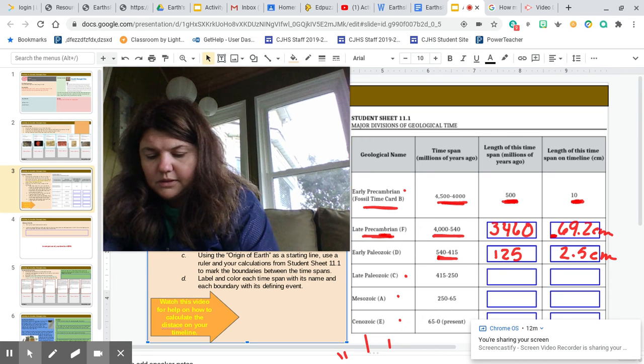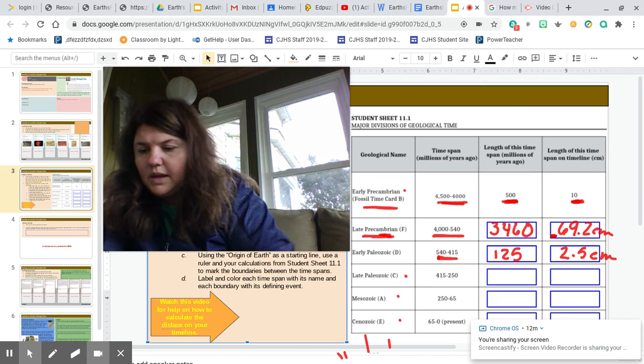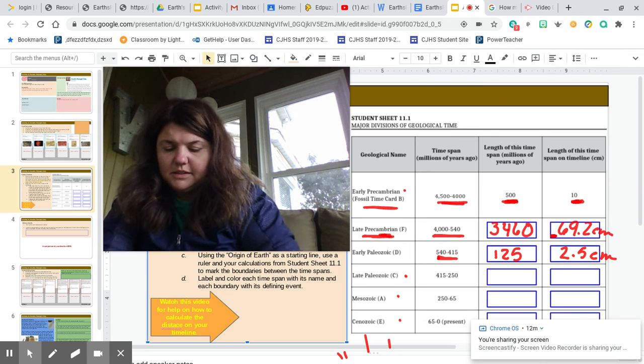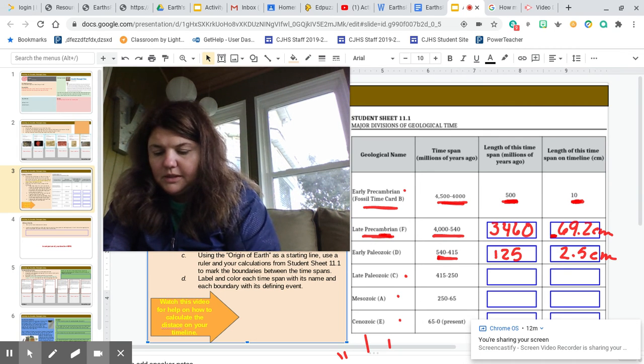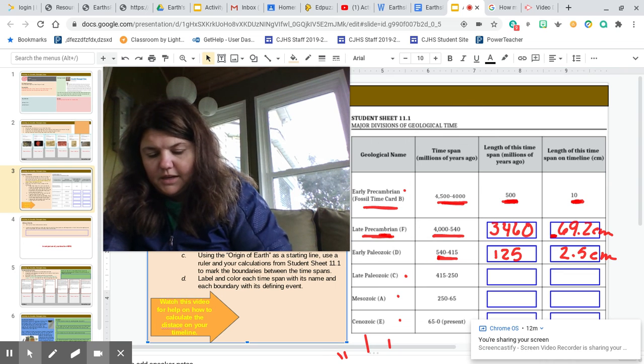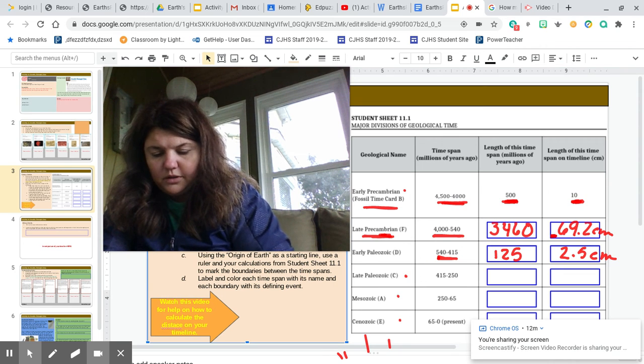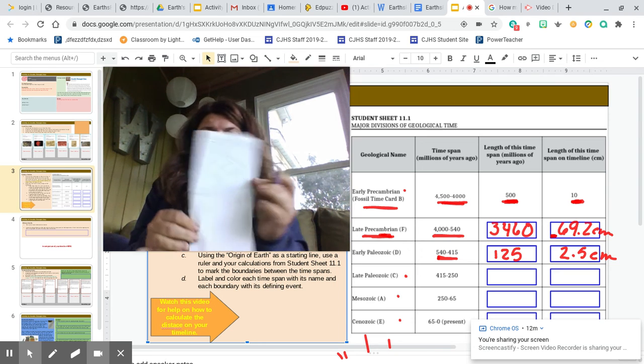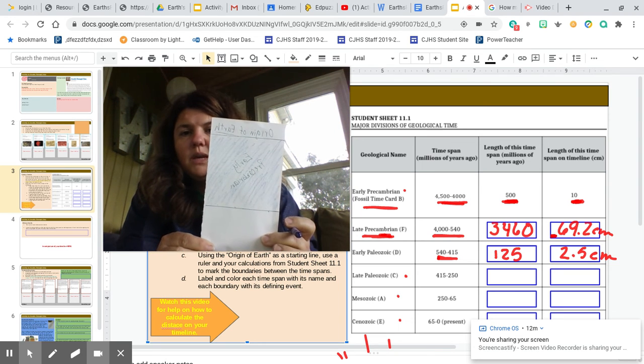So I'm going to label this one early Precambrian. It doesn't need to be colored completely solid, but use colored pencils, crayons, or markers to shade in your early Precambrian stage. So there is my early Precambrian.